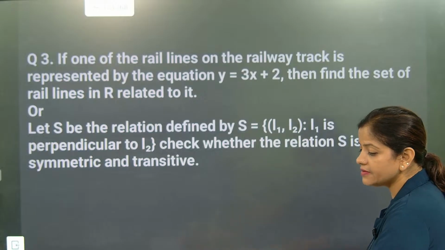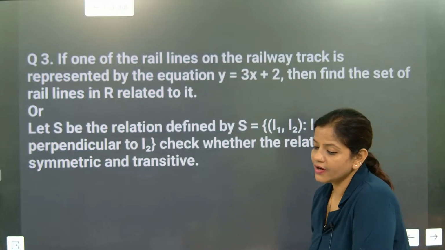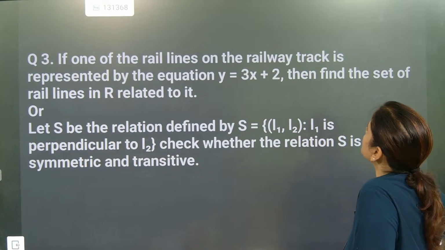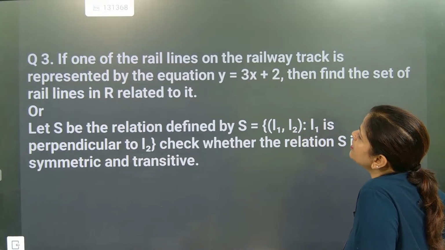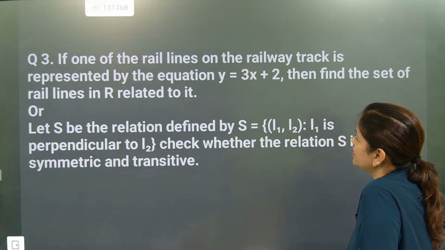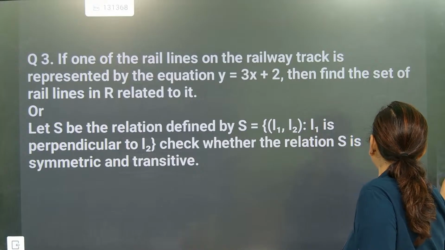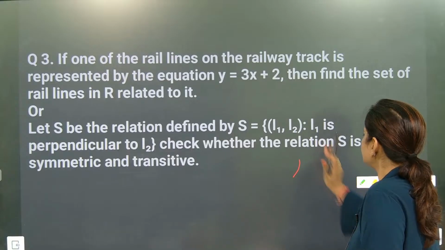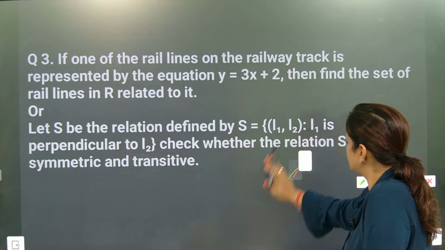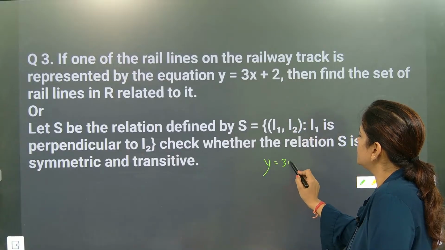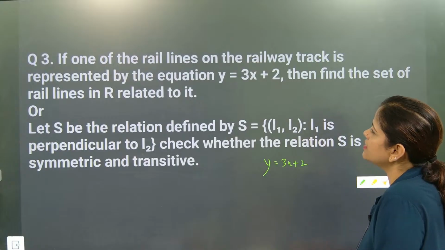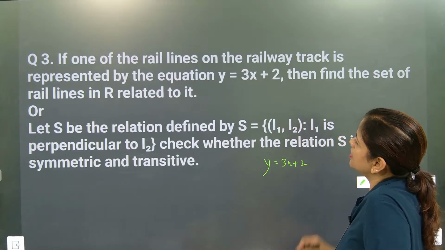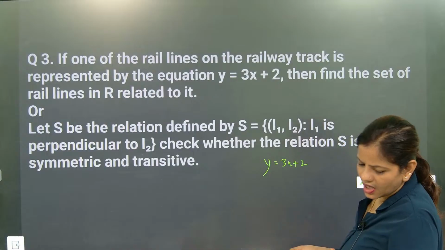What they're telling is that if one of the railway lines on the railway track is represented by the equation y is equal to 3x plus 2, then find the set of rail lines in R related to S.